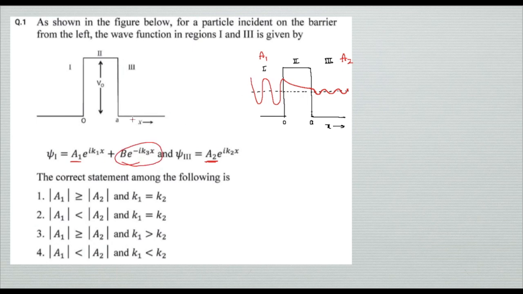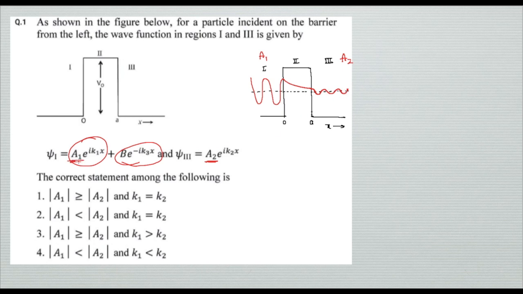The part which gets reflected is given by this particular term. That is, this term is representing the negative side, the wave function which is getting reflected back, which is traveling in the opposite direction, and this other part is the wave function which is traveling in the forward direction. So that's how the overall wave function will be derived for this. And after refraction from here, after the tunneling, the amplitude will decrease.